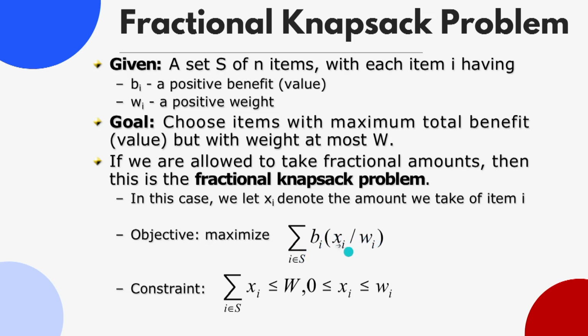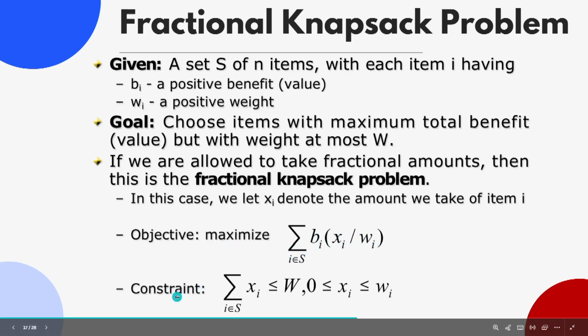We are taking only a fractional portion of that item, that is what we mean by xi/wi, and we are computing how much benefit is associated with the fraction that we have considered. Our objective is to maximize this profit or benefit. But we have a constraint: we take up a set of items and sum up all of their weights, and those weights should not exceed capital W, which is the capacity of the knapsack.